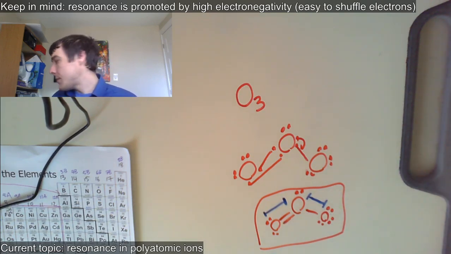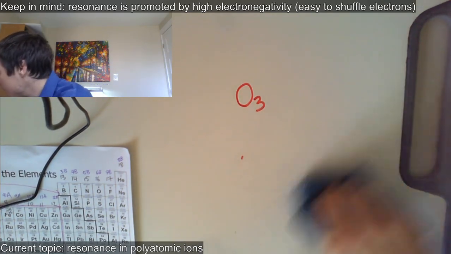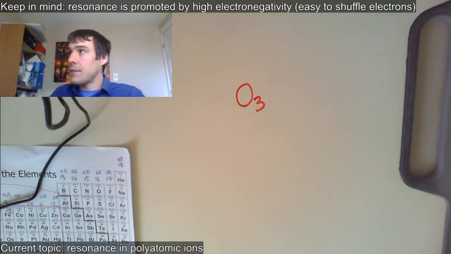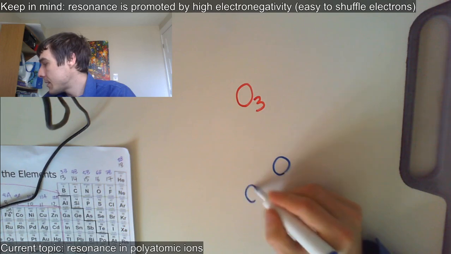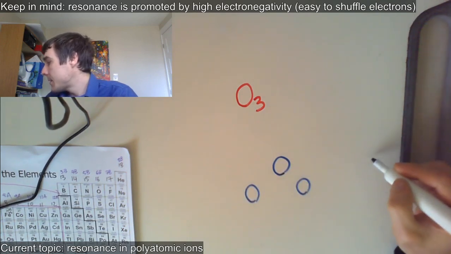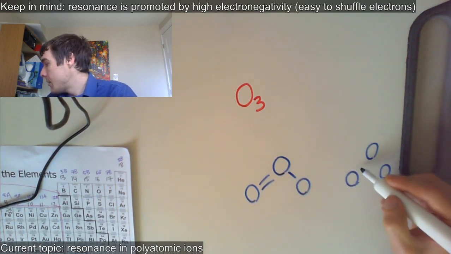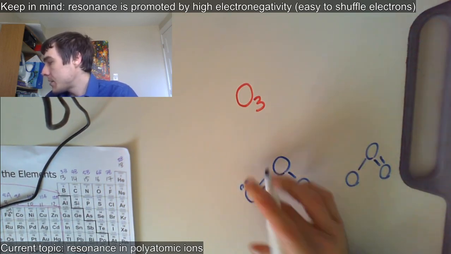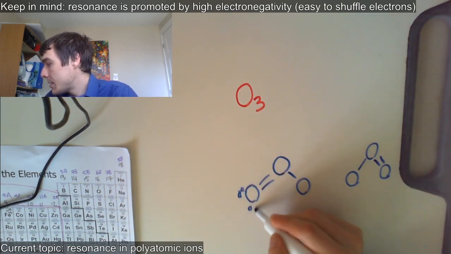So what's going on? Well, this is where the concept of resonance came in. Resonance structures come from the fact that when we assigned those electrons to ozone, we could have assigned them in 2 ways. We could have assigned them like this, or like this, and both of these structures are acceptable.